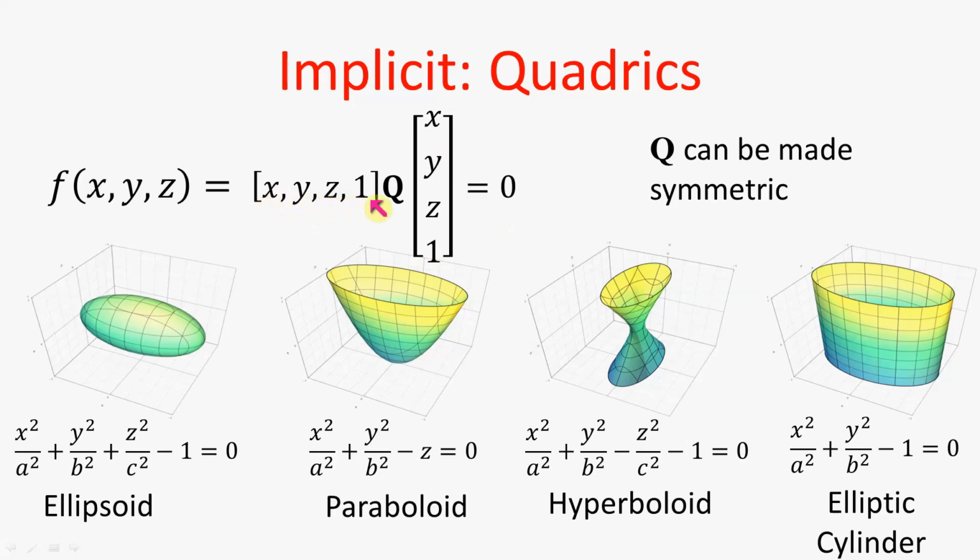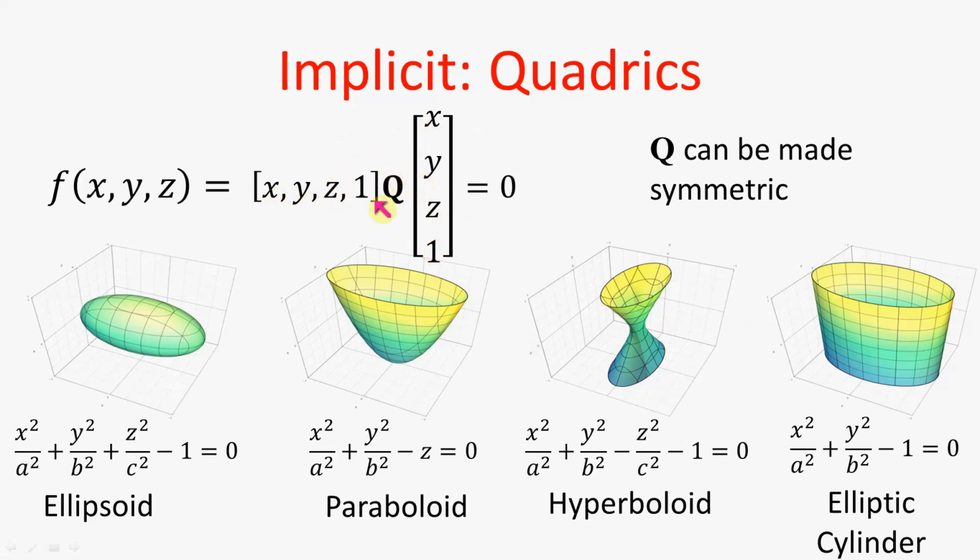So this is a 4-element row vector, and we use it again as a 4-element column vector, and in between the row vector and the column vector we insert a 4 times 4 matrix that contains the scalar parameters describing the scalar of x squared, xy, xz, and x, and so on.